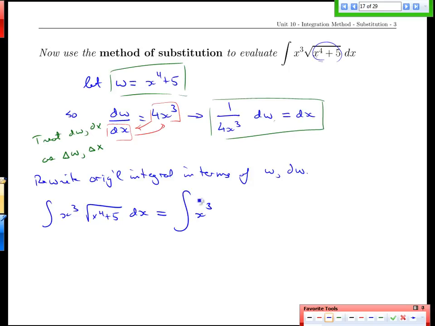The x cubed we can't do much with. That's just there. But the square root part, x to the fourth plus 5, is exactly what we said w was. And the dx is exactly what we said here. It'll be 1 over 4x cubed dw. So this whole term here is our original dx.